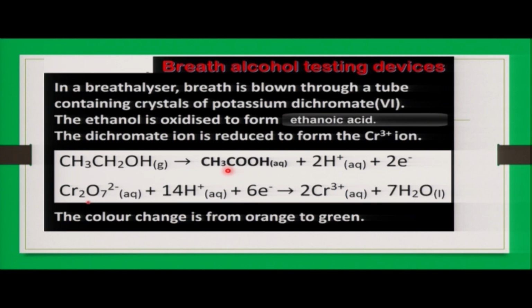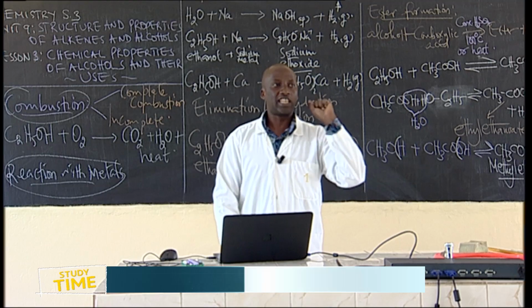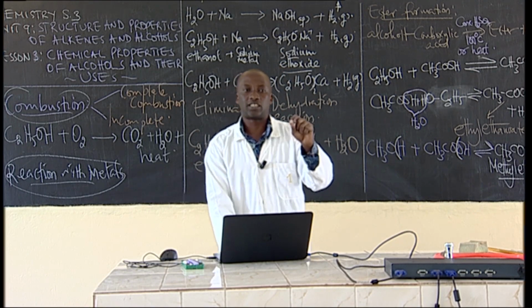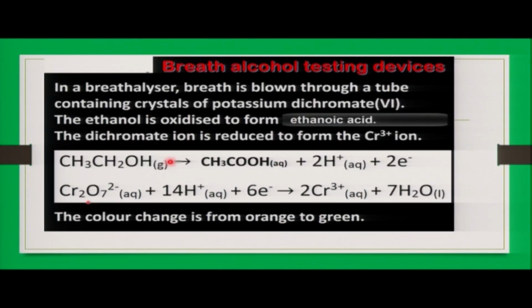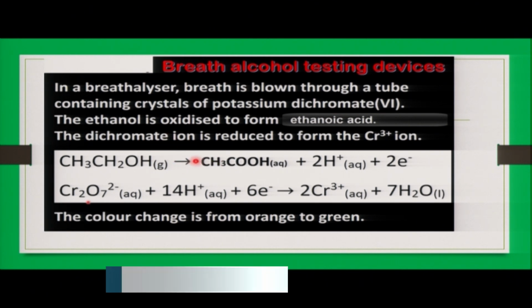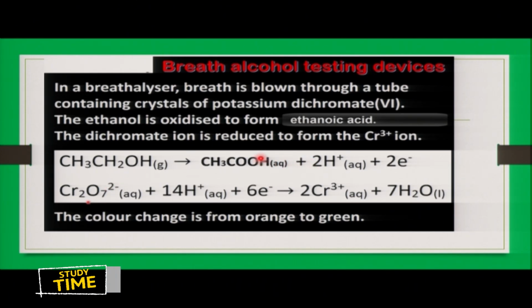So when you breathe into that device, the reaction takes place inside. The alcohol gets oxidized by the potassium dichromate and changes into ethanoic acid, but with the formation of chromium ions, which are green.